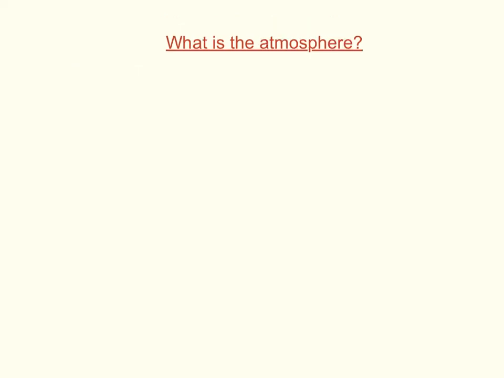The next key question we need to ask ourselves is, what is the atmosphere? So the atmosphere is a mixture of gases that surrounds our Earth. The part of the atmosphere that is closest to the Earth is known as the troposphere.